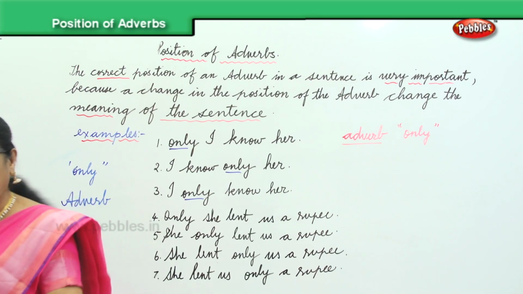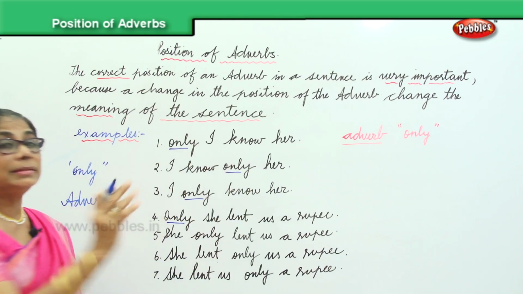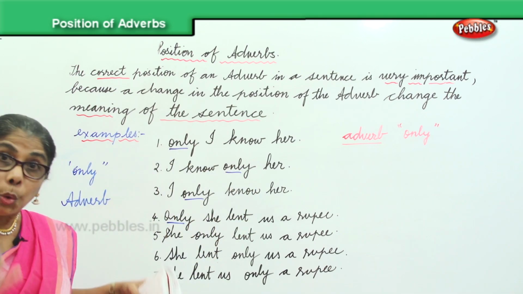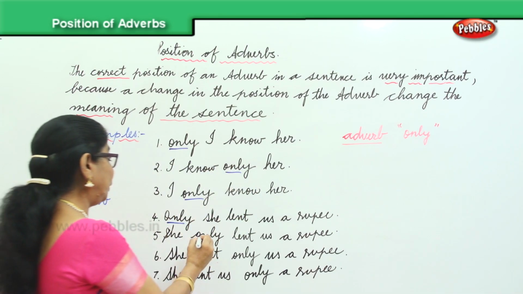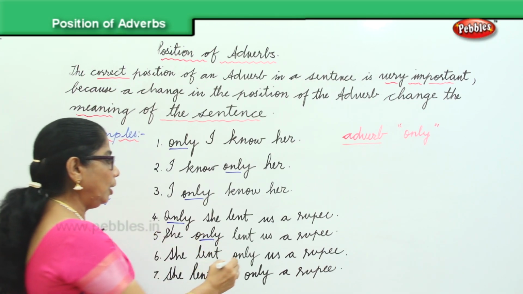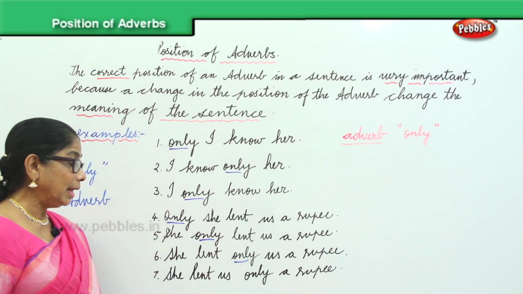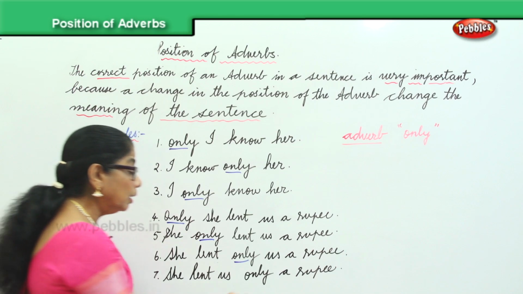Now, here it says, only she lent us a rupee. She only lent us a rupee. She lent only us a rupee. She lent us only a rupee.